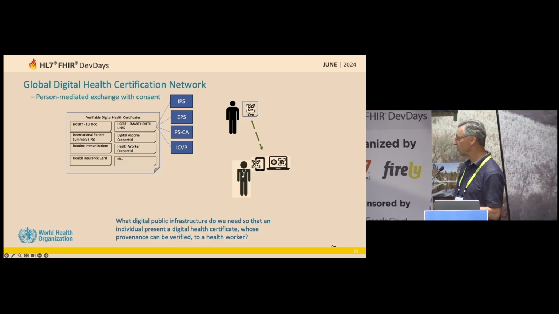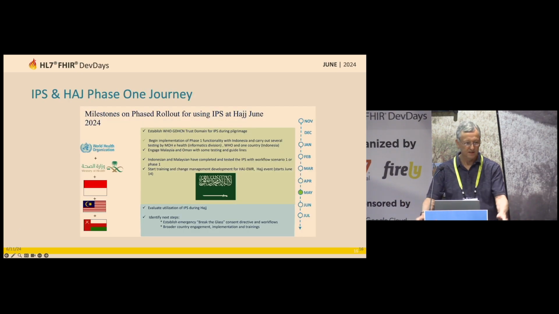And we've got the WHO involved with the Global Digital Health Certification Network, and there's an exciting thing that they're going to be showing and demonstrating with that very soon. They're going to be using the IPS with the Hajj migration, and they've got a few countries involved, Indonesia in particular, and then folks traveling to Saudi Arabia.